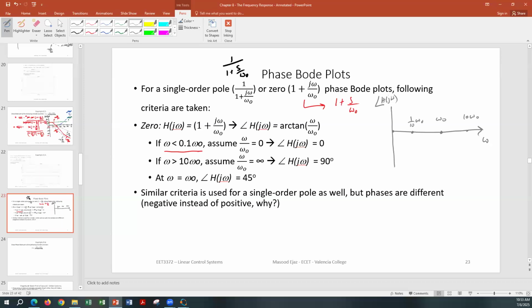So if your frequency is 1/10 of omega naught or less than 0.1 omega naught, we assume that omega over omega naught is 0. That is, omega is much smaller than omega naught. And of course, arctan of 0 is 0. So we assume until it hits 1/10 of omega naught, the phase is 0.